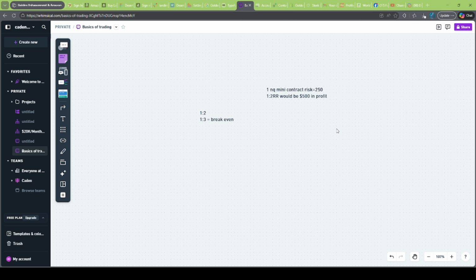Does that make sense? So I move my stop loss to my break even point or my entry point as soon as I'm up $500, or you can look at it as 25 points in profit. Either or, $500 or 25 points.